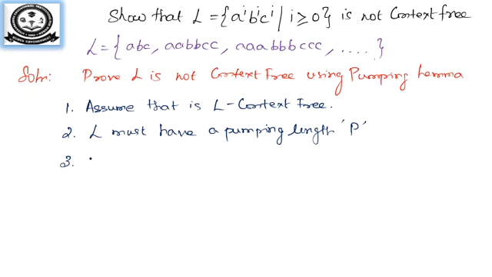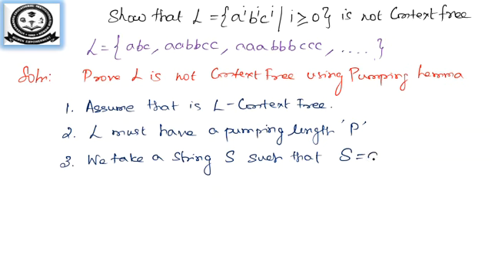So we take a string S such that it can be pumped with the length P. What are the terminals we can have in the language? A, B, C. So S will have A, B, C, each pumped with the pumping length P.